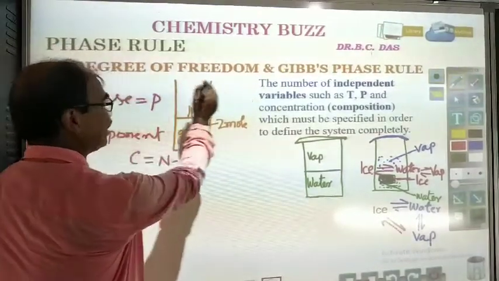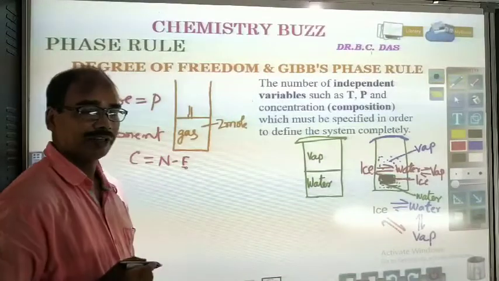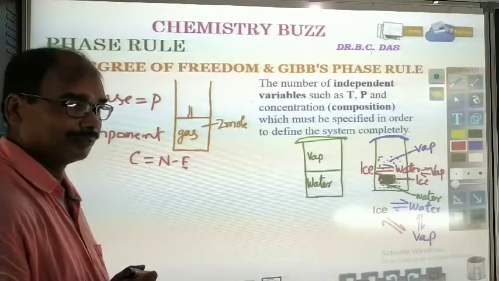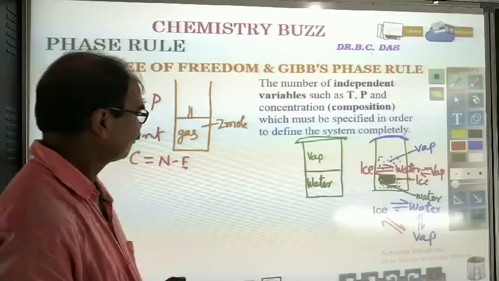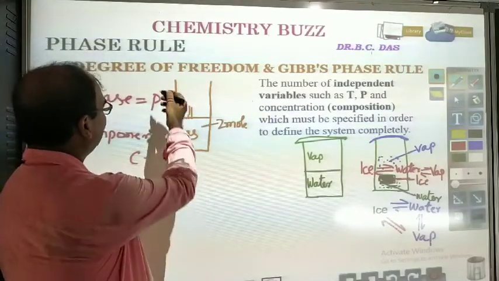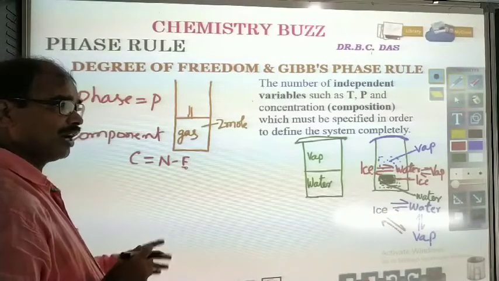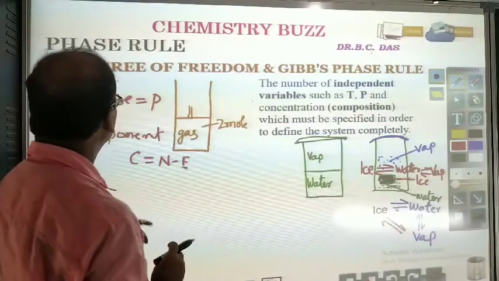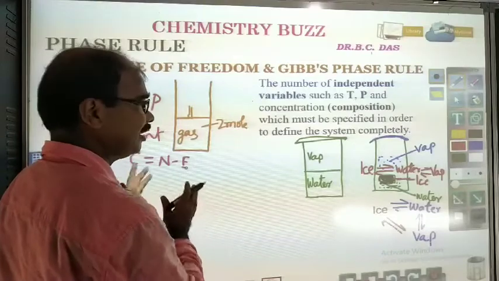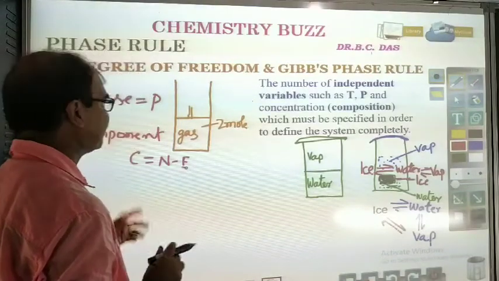So far as degree of freedom is considered, we have read it in the kinetic theory of a gas, and again we are going to read it in the phase rule. So what is the similarity and difference in these two chapters?